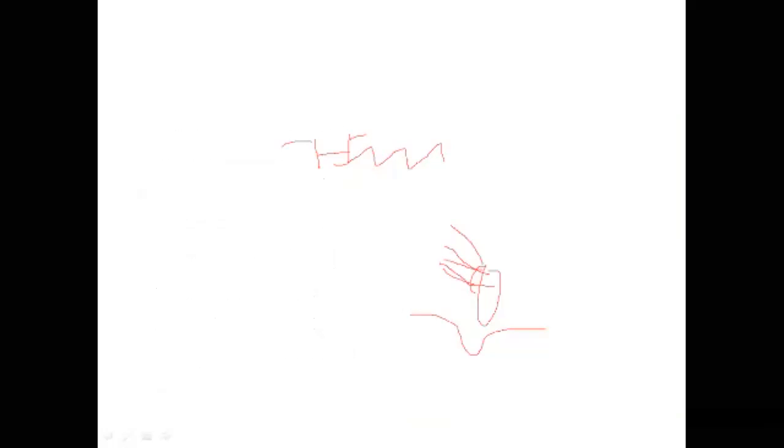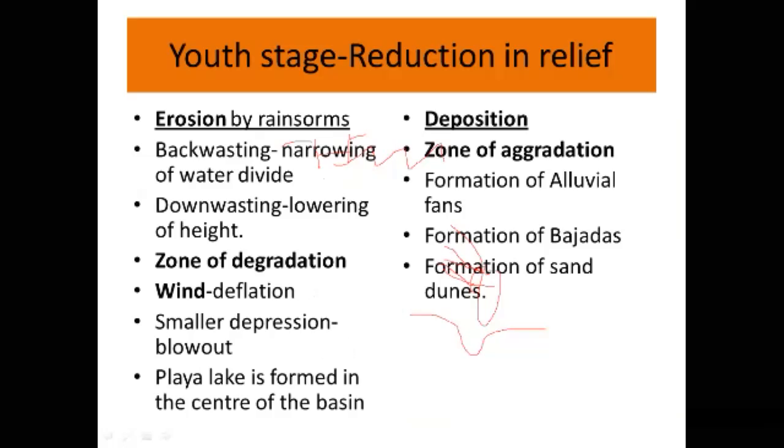Next is the youth stage, with reduction of relief. Not only erosion but deposition is also happening. Erosion is caused by both wind and water. These rainstorms are occasional, and both backwasting and downwasting are happening.